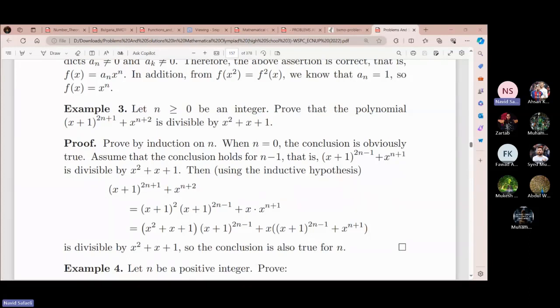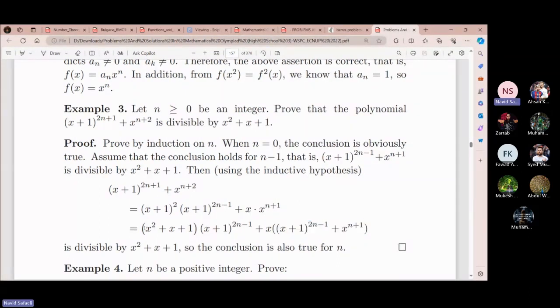In doing so, I am going to try to relate this and this. So we rewrite this in this form plus this. And then we break this into this and x times this.